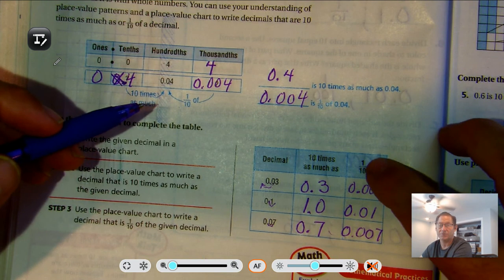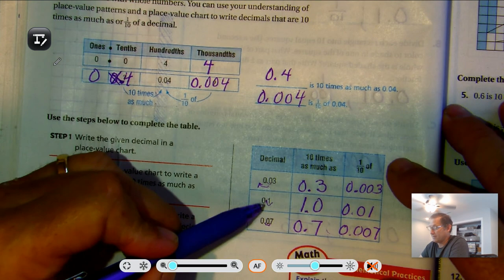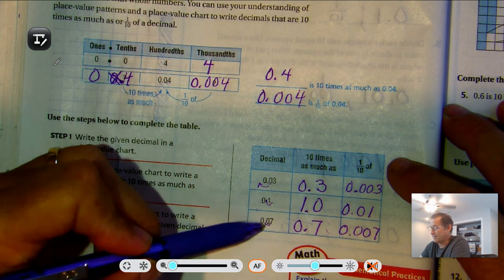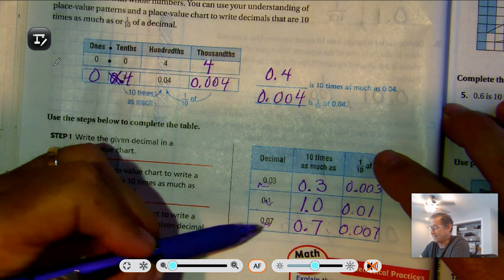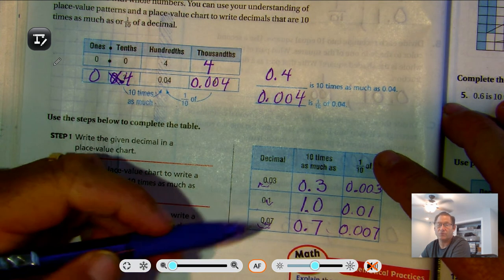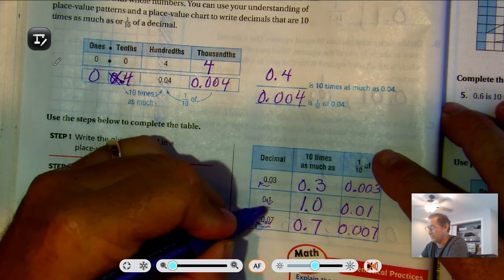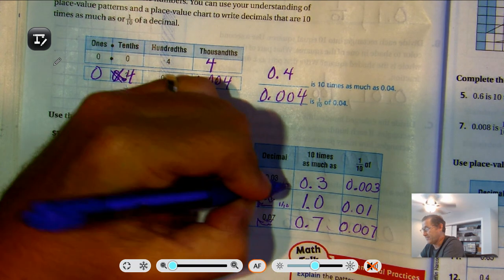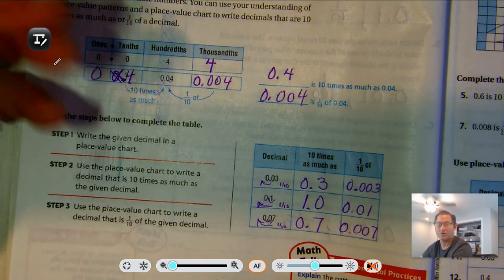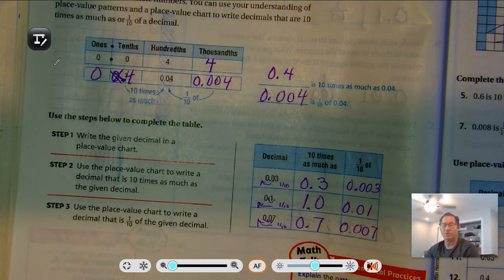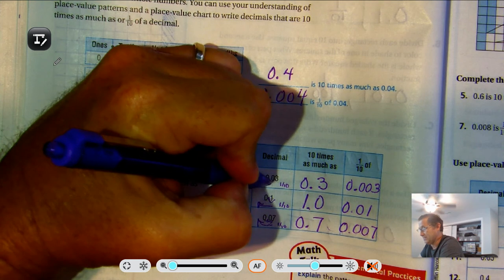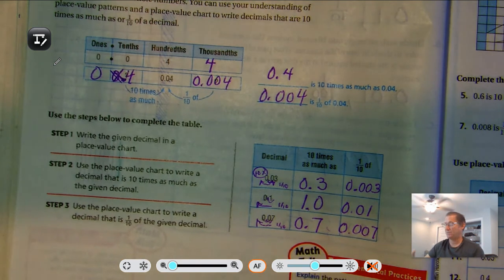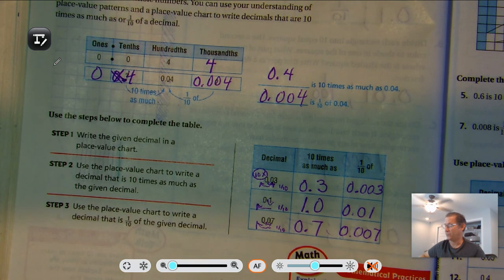So we wound up with 0.003. In 0.1, if we take 1/10, we're left with 0.01. And in 0.07, if we took 1/10, it would go one place to the left, and we'd wind up with 0.007. So if you take a fractional part, a tenth, hundredth, or thousandth, you're going to be moving left with the decimal point. When you take 10 times as much, we're moving to the right. Okay? So 10 times, move to the right. 1/10, move to the left.